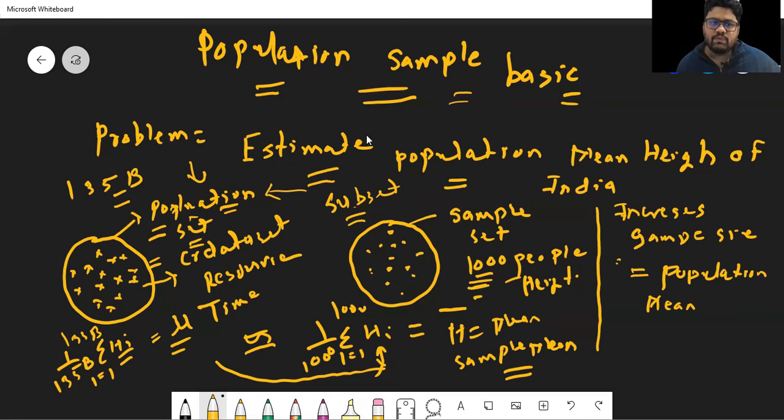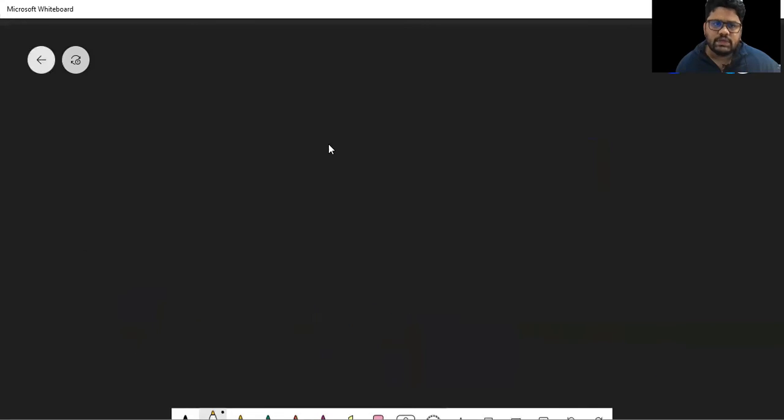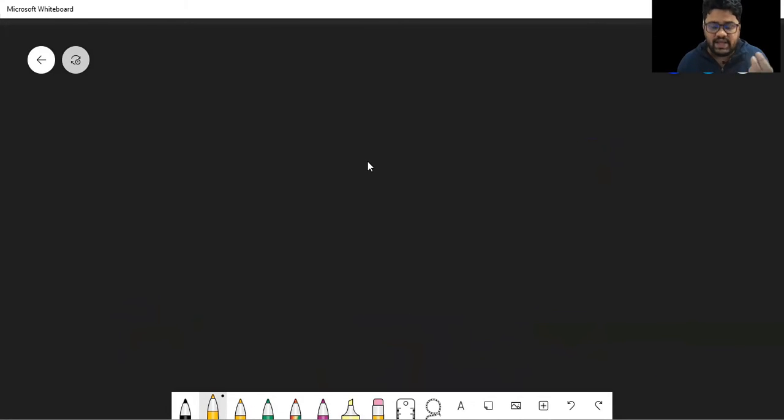Okay, and now we'll go to another whiteboard. So there are elections now. The Election Commission of India is conducting elections in states like UP, Punjab, Uttarakhand.